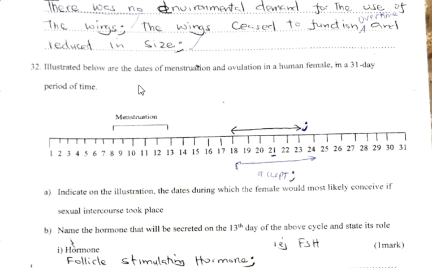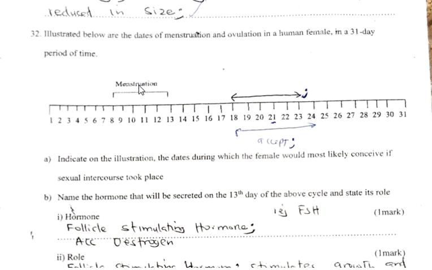Question 32. Illustrated below are the dates of menstruation and ovulation in a human female in a 31-day period of time. You can see the menstruation period here. Indicate on the illustration the dates during which the female will most likely conceive if sexual intercourse took place.